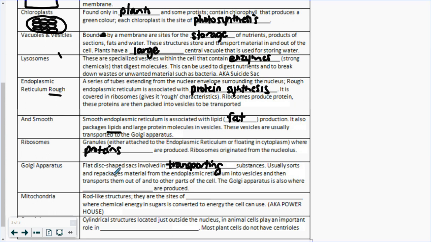So it usually sorts and repackages material from the endoplasmic reticulum into vesicles and then transports them out of or to other parts of the cell. The Golgi apparatus is also where lysosomes are produced. So it's kind of like a post office in that it's receiving things, repackaging them, and then sending them off all over the place.